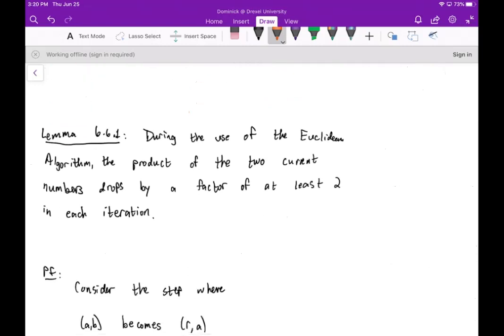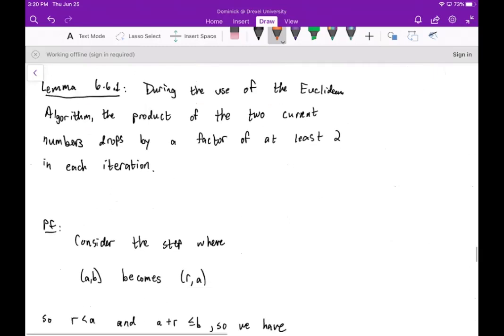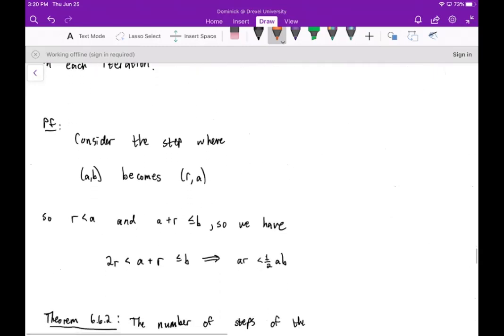Okay. Now, during the use of the Euclidean algorithm, the product of the two current numbers drops by a factor of at least 2 in each iteration, right? And the proof is the following.